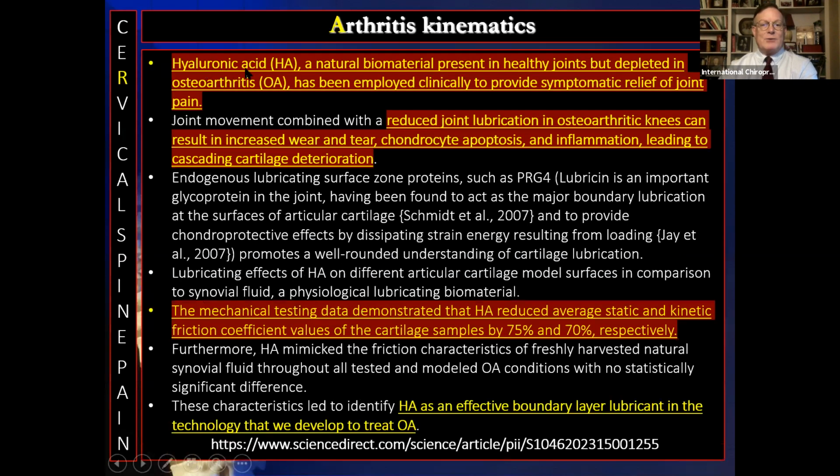So this is some miraculous physiobiology in joint spaces. Now, hyaluronic acid is the other magic ingredient to lubricin. It's a natural biomaterial. It's in all healthy joints, particularly facets, but it's depleted in arthritis. So in osteoarthritis, we started injecting hyaluronic acid back in the joint. Well, it doesn't work very well, does it? Most of the Synvisc stuff is made from chickens.